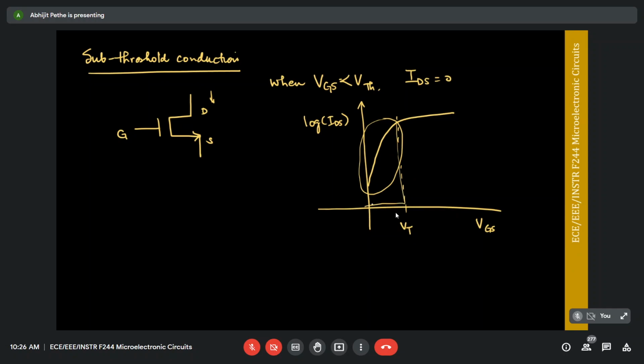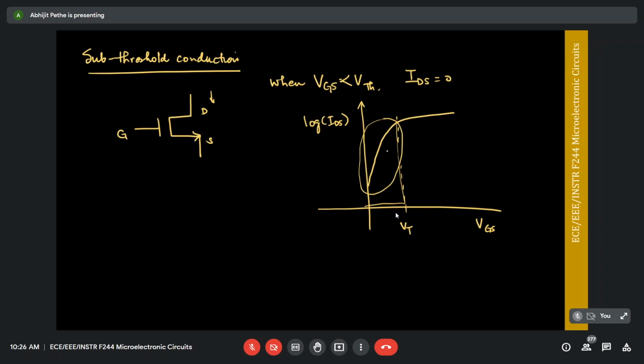So in all the models that you're using in this class, we are saying that at any gate voltage below VT, there is no current flowing. So we are grossly underestimating the power consumed by the power supply when the transistor is cut off.